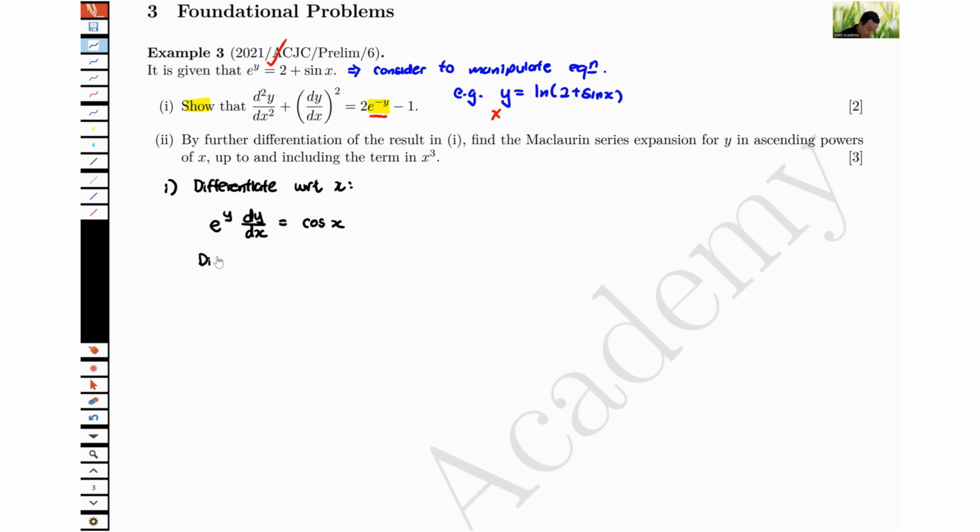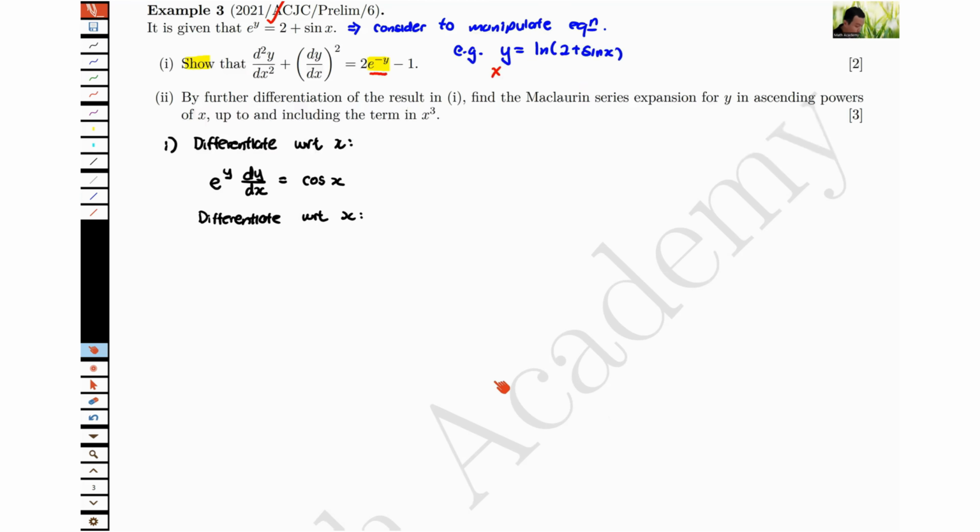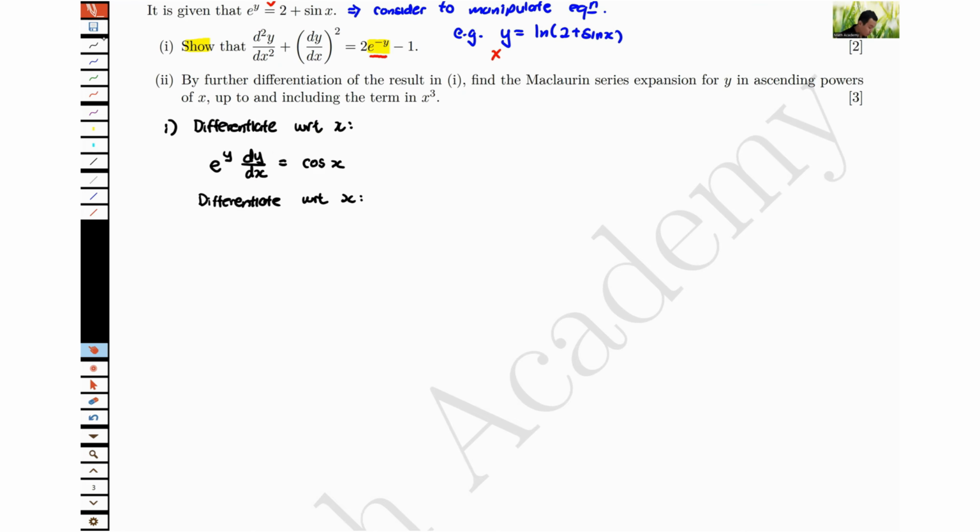So we go for a second round. Let's differentiate again. There's still a product of two terms. So you keep e^y. We go for product rule. Differentiate dy/dx, we get d2y/dx squared.